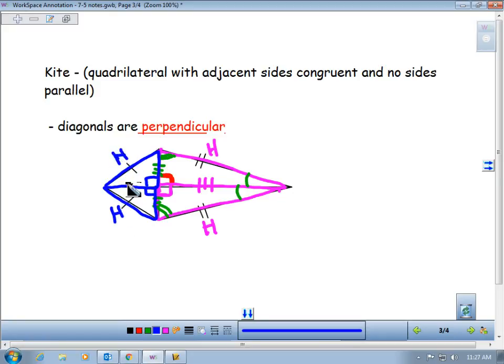You got the hypotenuses, and they share this leg in common. So, I think I'm on 5 tick marks. So guess what's true about all their parts? Their parts are congruent by CPCTC. So this angle is congruent to this angle. These angles right here are congruent to this angle right here. 4 arc marks. That's a lot to make.